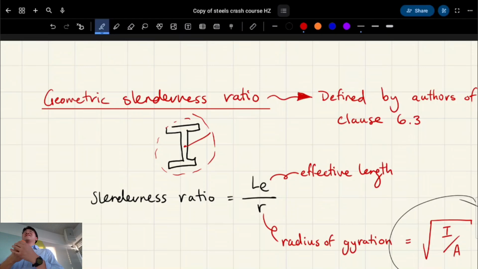It only kind of makes sense to me as well. But you'll find the radius of gyration in the One Steel tables, unless you have a custom section, which is most likely what you have to do for your flexural assignment.